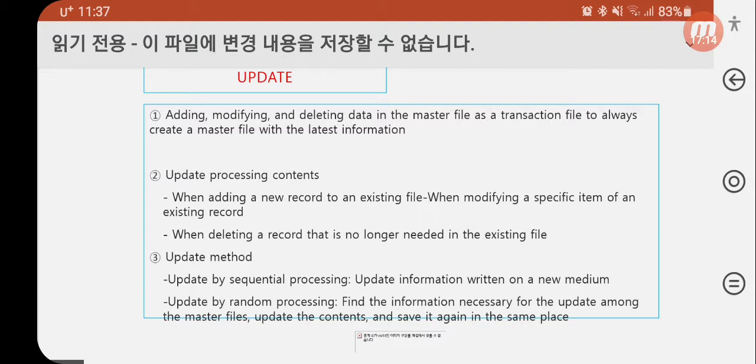When adding a new record to an existing file, when modifying a specific item of an existing record, when deleting a record that is no longer needed in the existing files.